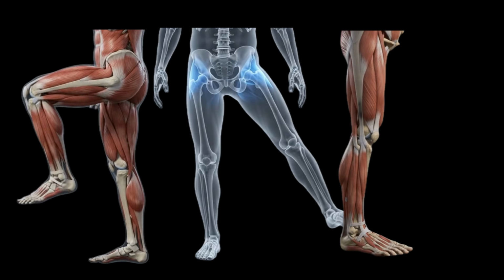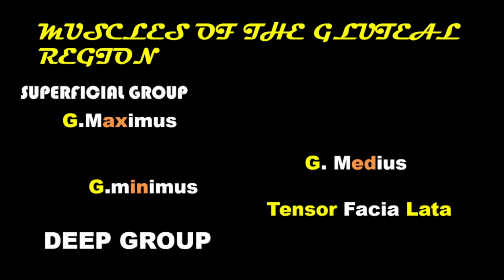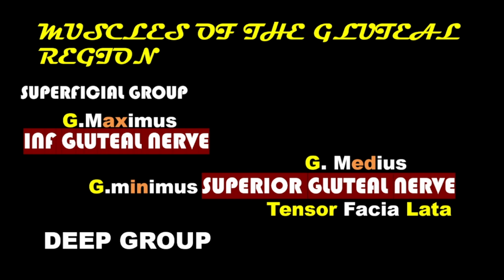With the assistance of the gluteus maximus, this muscle stabilizes the hip joint. The muscle also stabilizes the extended knee. Remember this mnemonic: Max goes down. Gluteus maximus is supplied by the inferior gluteal nerve.